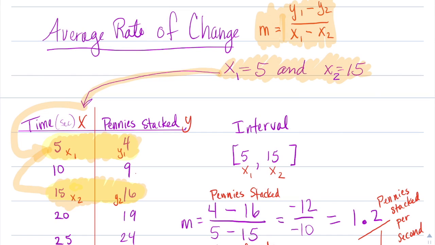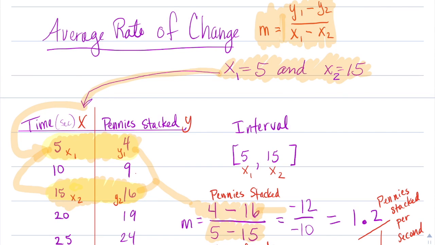Now that I have those two ordered pairs, I'm going to take those and I'm going to fill out my formula for average rate of change. So I'm going to put my y values on top and my x values on the bottom, just following the formula up above.